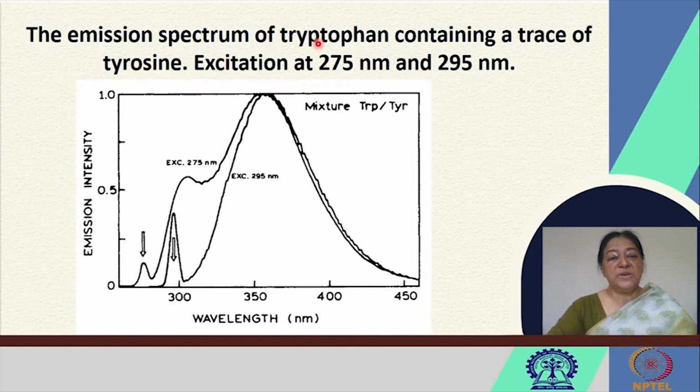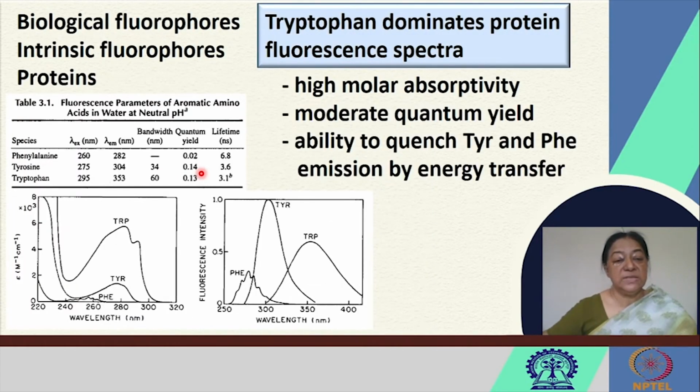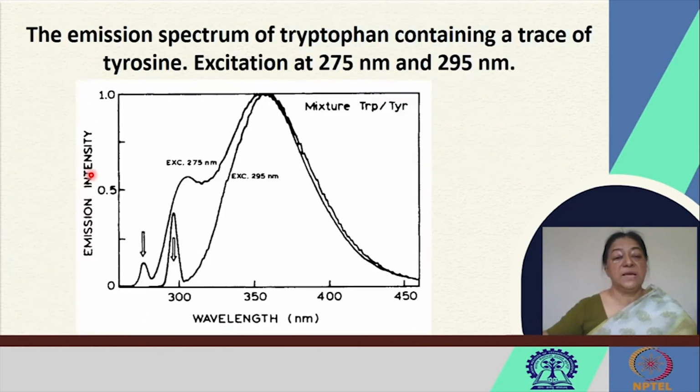The emission spectrum of tryptophan with a small content of tyrosine can be seen here at the specific excitation wavelengths. If we go back and have a look at the slide, we will see that when we have the excitation at 275 nanometers, there is a possibility that we are exciting both tyrosine and tryptophan.